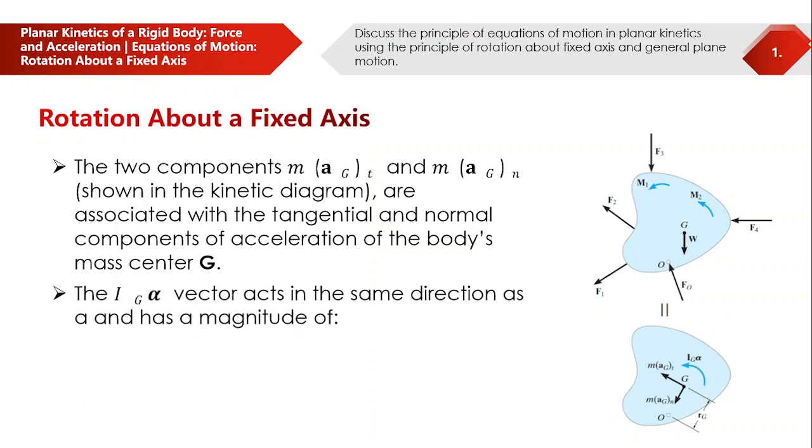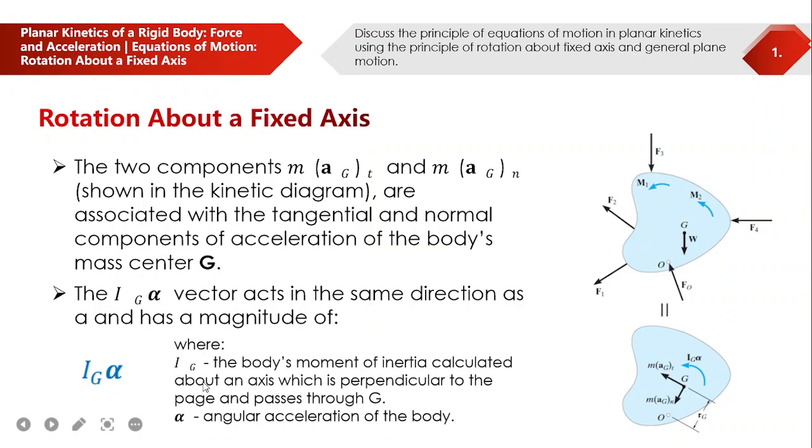I sub G times the alpha vector acts in the same direction as alpha and has a magnitude of I sub G times angular acceleration. That's your moment on the body, it's just the moment.